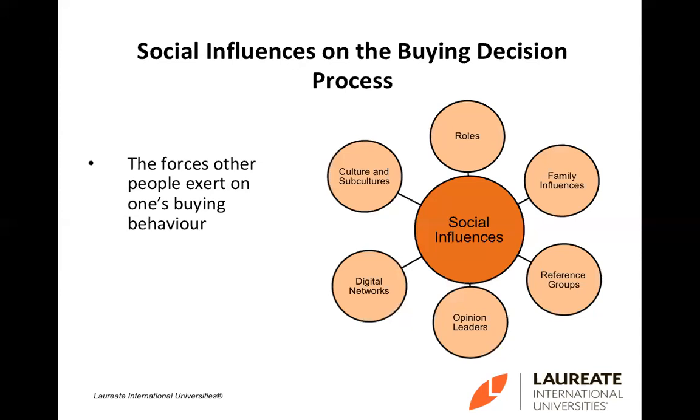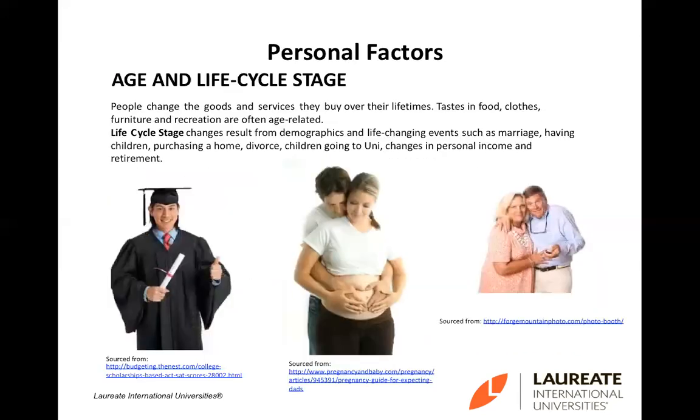So if you work in marketing and you need to talk to doctors, for instance, you are actually dealing with opinion leaders in your marketing campaign, or digital networks. So that's basically the three types of influences: situational influence, psychological influence, and social influence. So that's basically our topic tonight. Any questions?